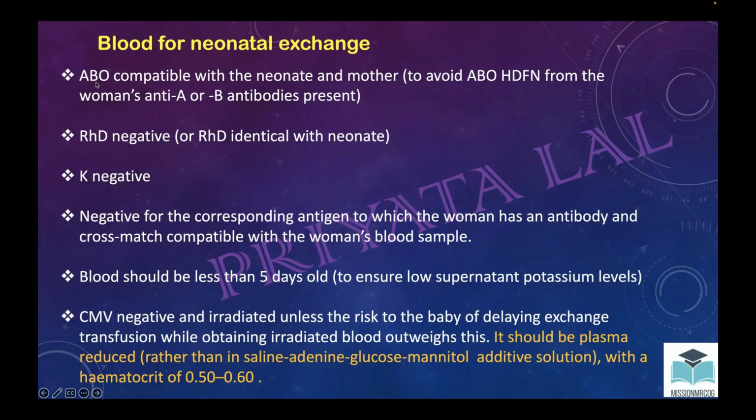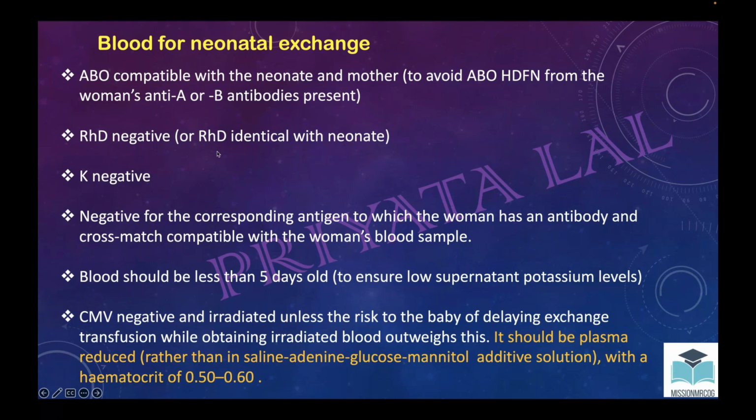Here it is easy to determine the blood group of the baby because the baby is born. It should be D negative, either RhD negative or RhD identical to the neonate, because this time we'll know the Rh typing of the baby.